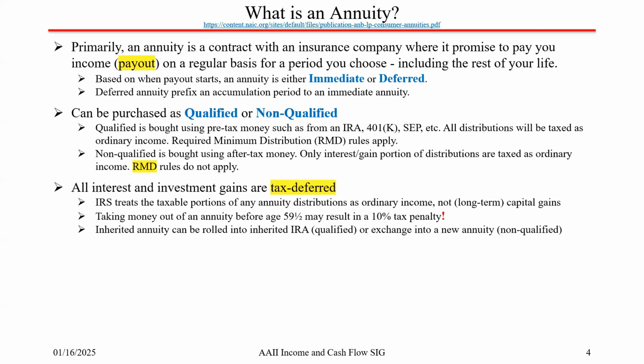If you inherit an annuity, it depends on the type of annuity. If you inherit a qualified annuity, which means it's bought with pre-tax money, then you can roll that annuity into an inherited IRA. But if you inherit a non-qualified annuity, which means the annuity was bought with after-tax money, then you can exchange that annuity into a new annuity in your own name.